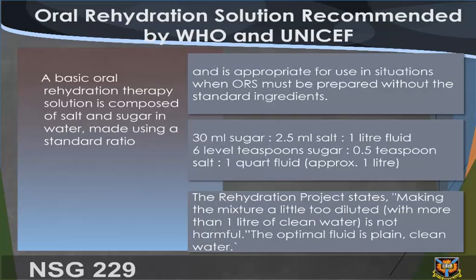A basic oral rehydration therapy solution is composed of salt and sugar in water, made using a standard ratio, and is appropriate for use in situations when ORS must be prepared without the standard ingredients. 30 ml sugar, 2.5 ml salt, 1 liter fluid; 6 level teaspoons sugar, 0.5 teaspoon salt, 1 quart fluid, approximately 1 liter.